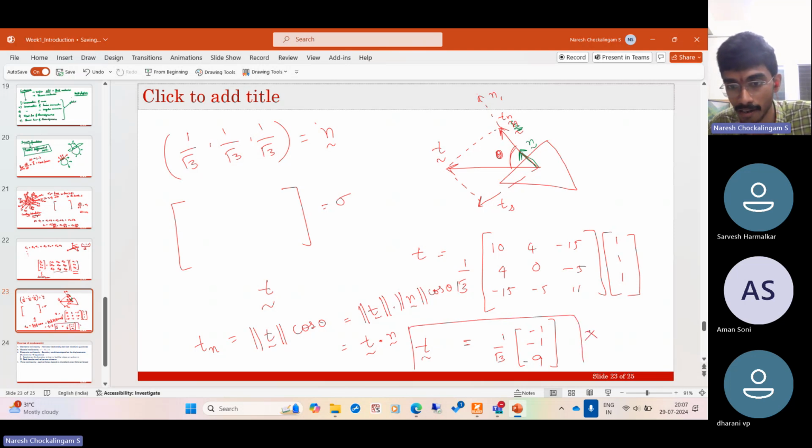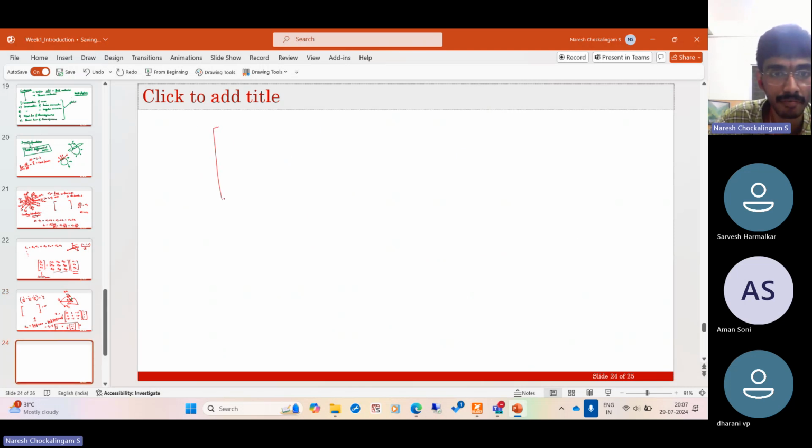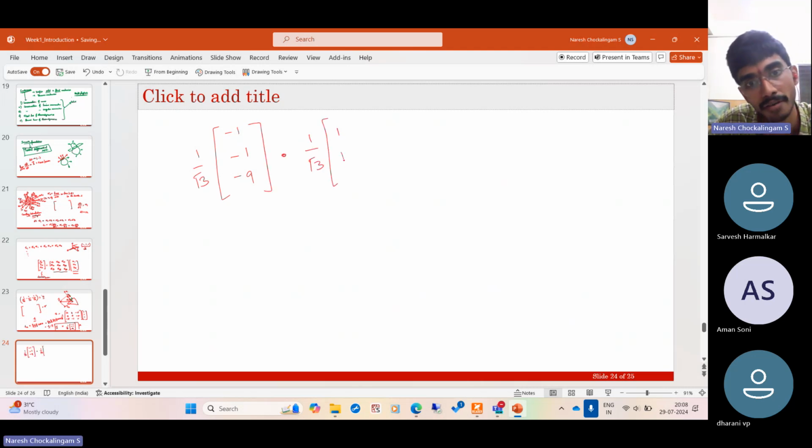Dot product this with the normal. They're only asking the magnitude. So it is minus 1, minus 1, minus 9, times 1 by root 3, dot producted with 1 by root 3, 1, 1, 1. So 1 by root 3 times 1 by root 3 will be 1 by 3, and minus 1, minus 1, minus 9. So it is minus, what, 11 by 3?